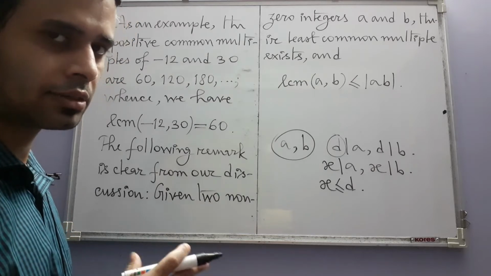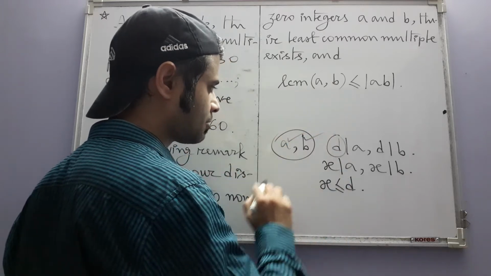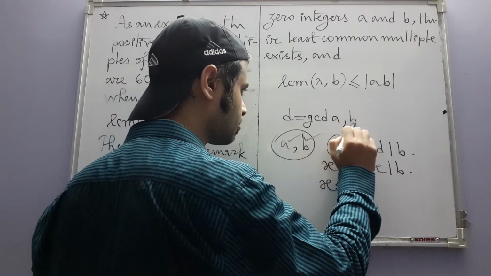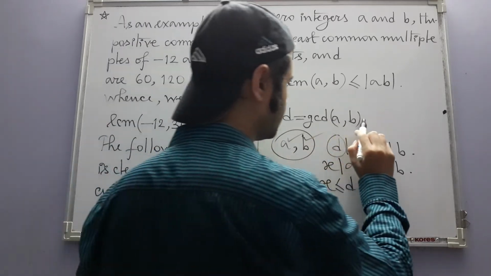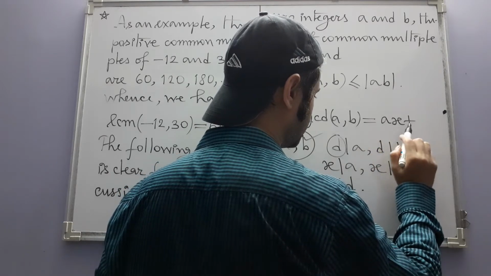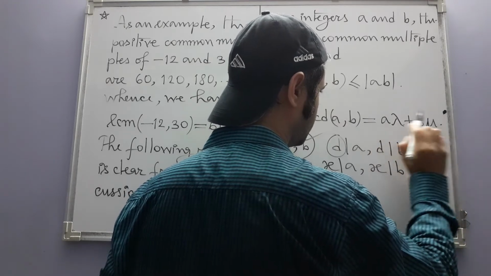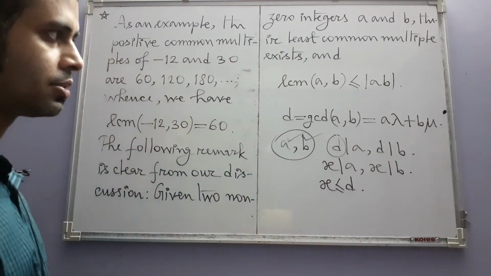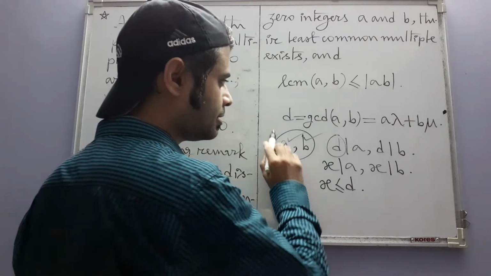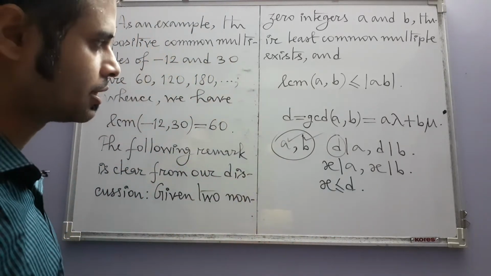In fact, that is our result which we have already gone through, that if at least one of A and B is non-zero, then their GCD in fact exists, and it can be written as a linear combination of A and B, where lambda and mu are integers. And this is a non-trivial fact. It's not at all immediately obvious that this is the case.